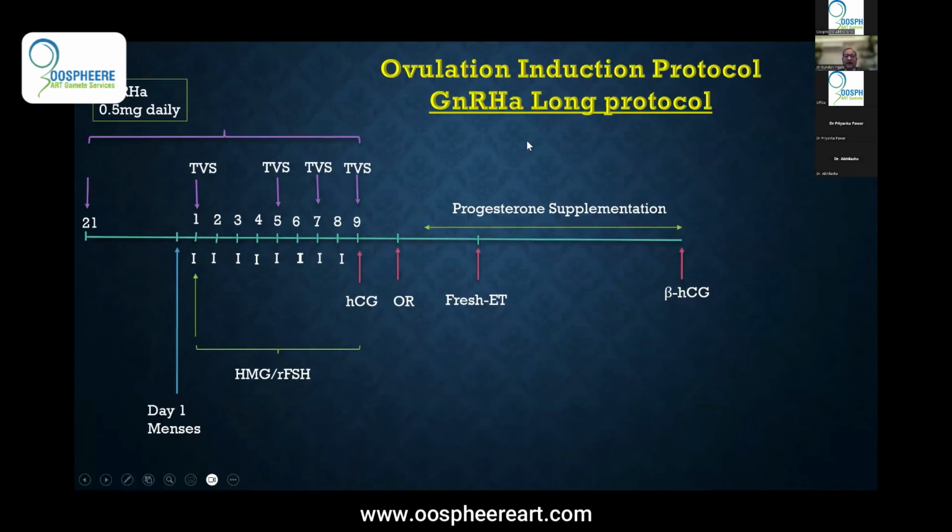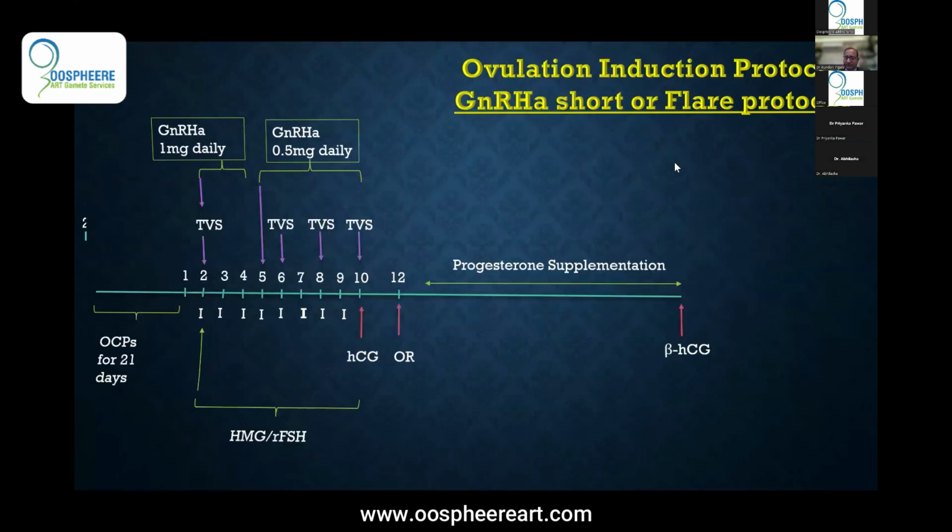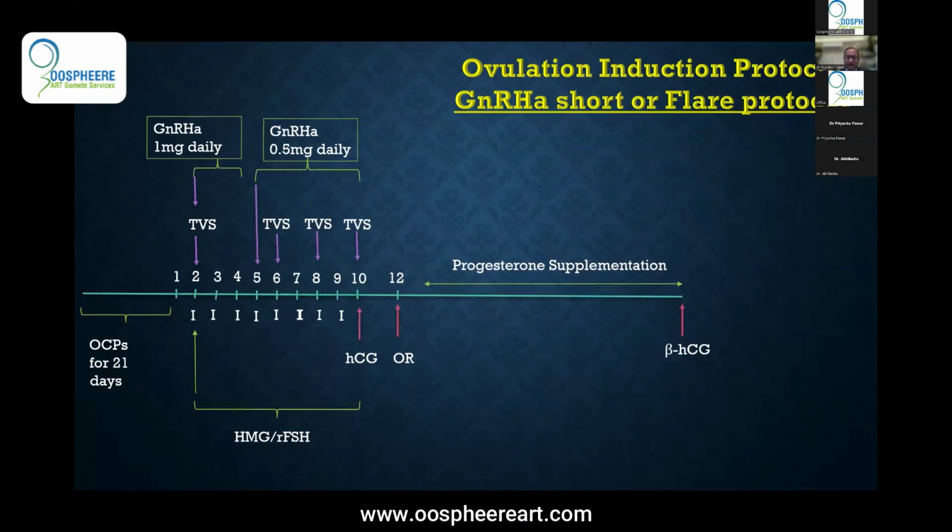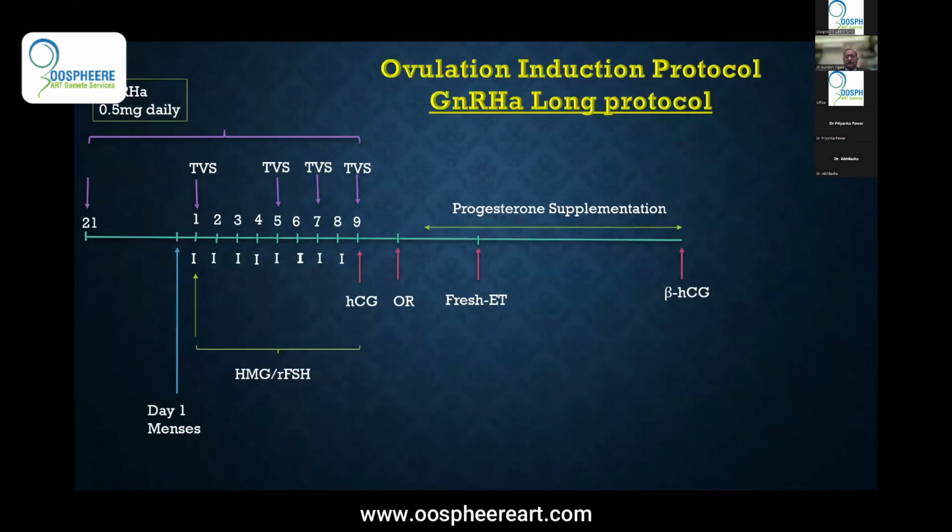Now let us look at this particular slide. I'll go back one minute. Yes, okay. So this is called the GnRH long protocol. A patient who has a 30-day cycle, on day 21 I am going to start the GnRH agonist at 0.5 milligram daily. A preparation which is commonly used is 4 milligram per 4 ml.